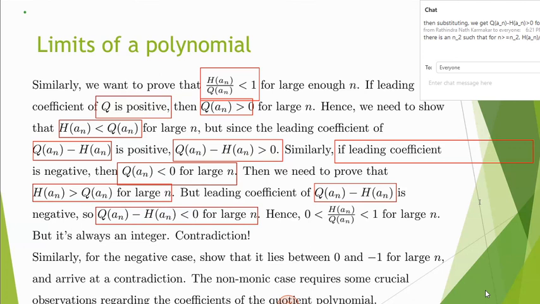That means for large n, h of n by q of n is less than 1, no matter what the leading coefficient of q is.